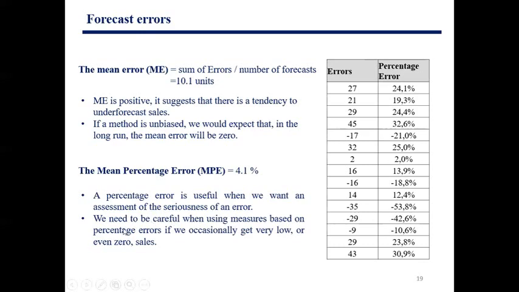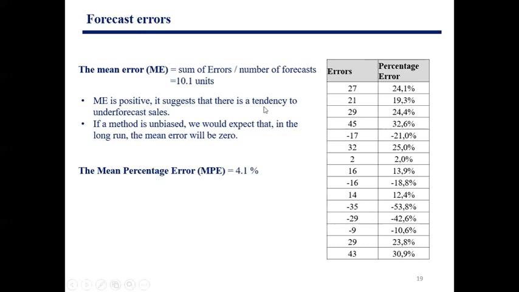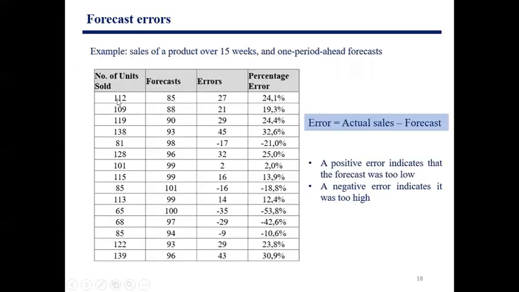And after there is an important remark here. We need to be careful when we use measures based on percentage errors, because if the sales here are very low, it's sure that you will have a high percentage.